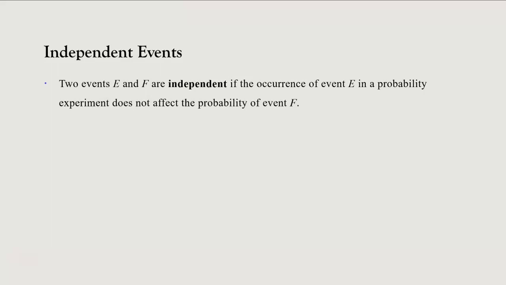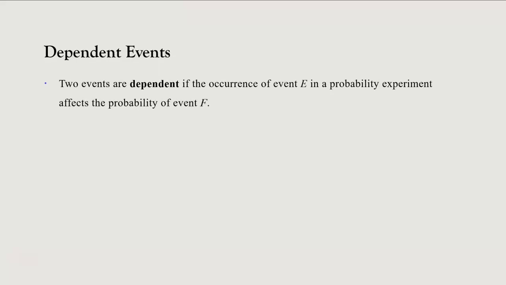and dependent events. So two events E and F are independent if the occurrence of event E in a probability experiment does not affect the probability of event F. So if you think about two different events, if the chances of one happening does not affect the chances of another one happening, then those events are independent.